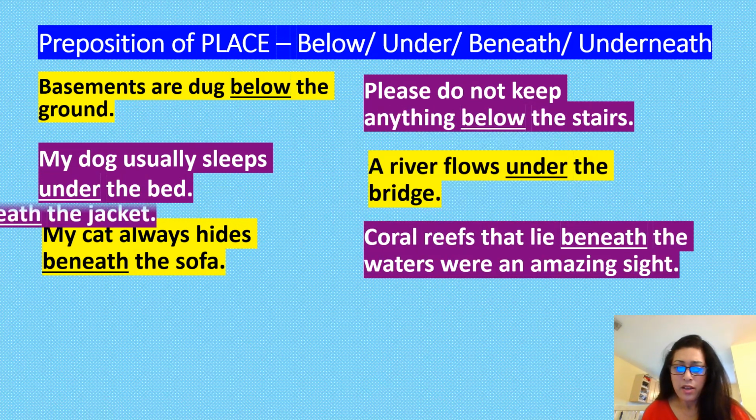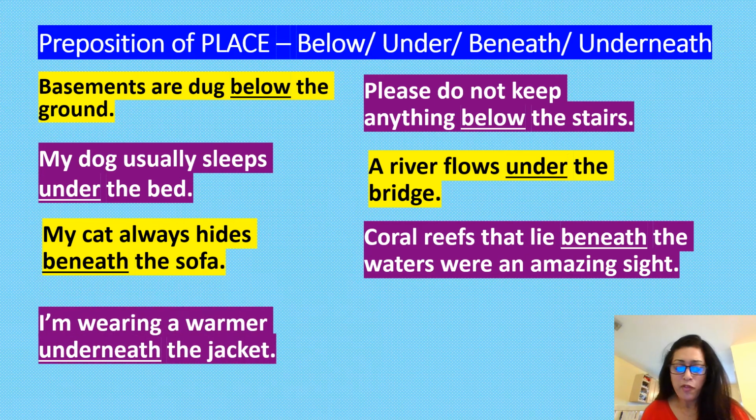Like, I'm wearing a warmer underneath the jacket. Beneath has the same meanings as under or underneath, but it's formal literary word. So for formal writing, we use beneath, like coral reefs that lie beneath the waters were an amazing sight.